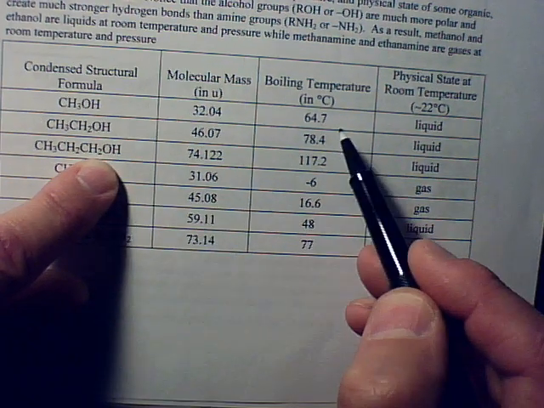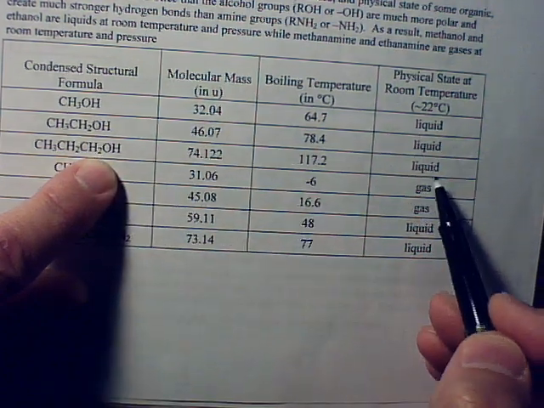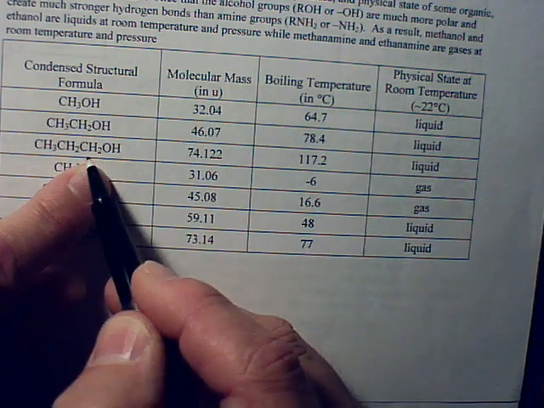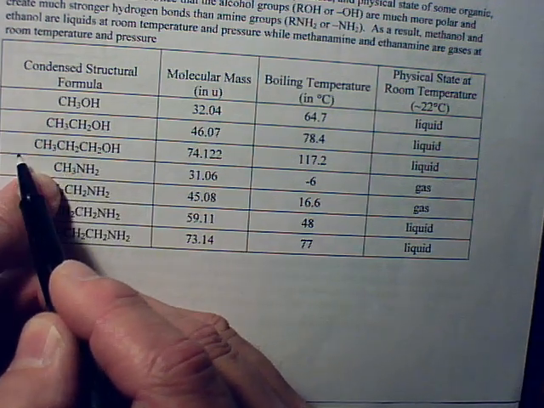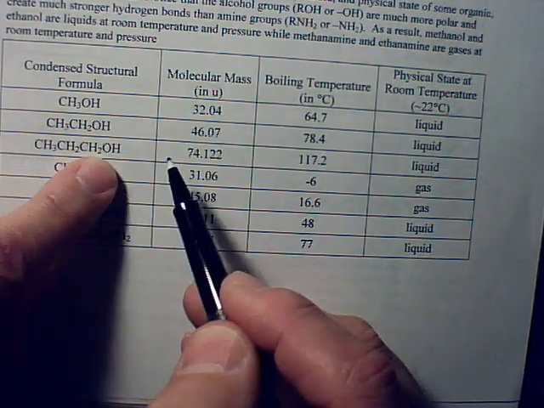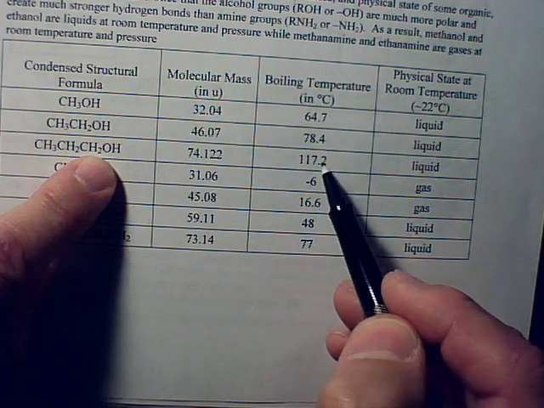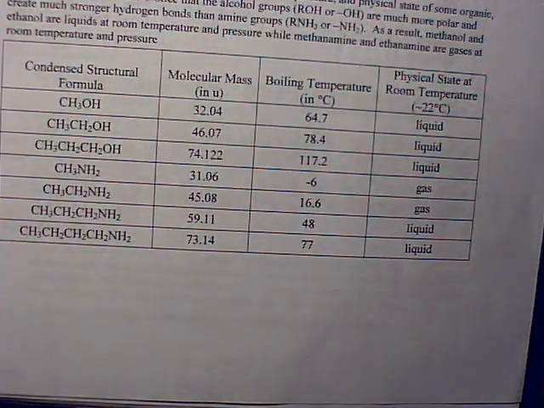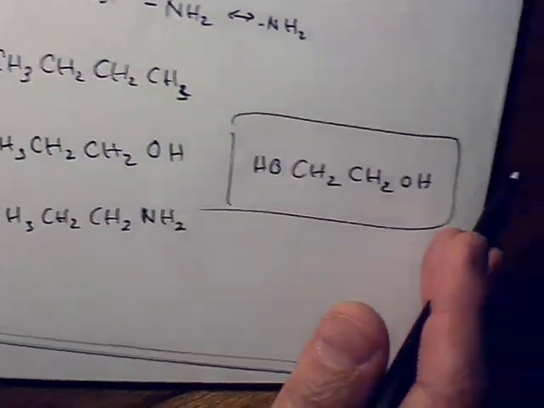Hydrogen bonding keeps all these a liquid. And the longer my hydrocarbon tail is, the more it tends to hold it together, making the boiling temperature go even higher, harder and harder to pull apart.